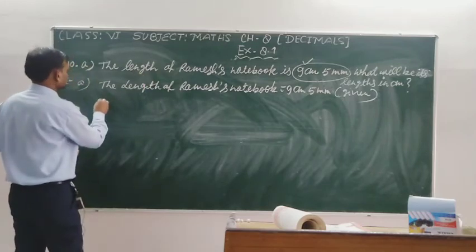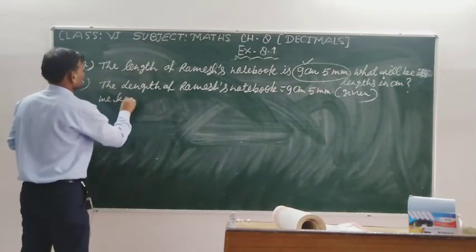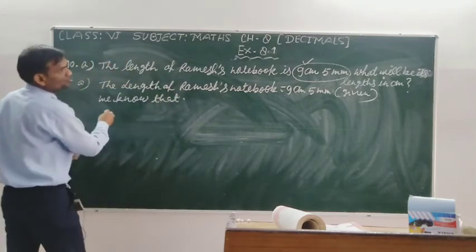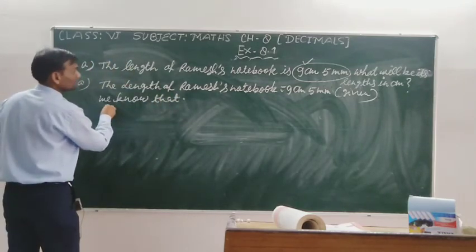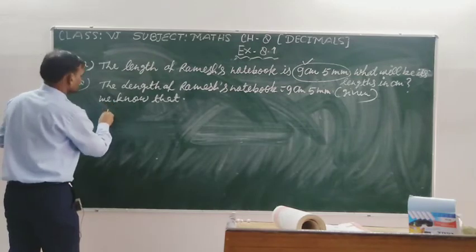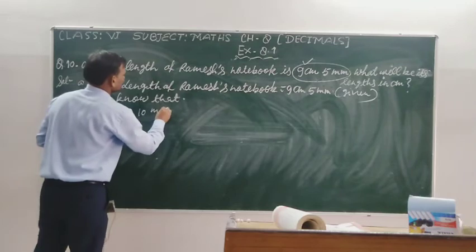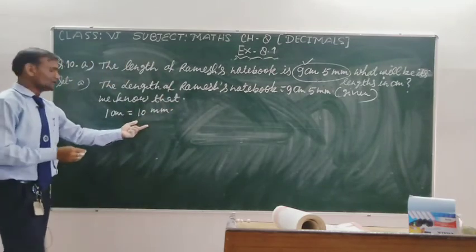So we know that one centimeter is equal to 10 millimeter. You know very well.